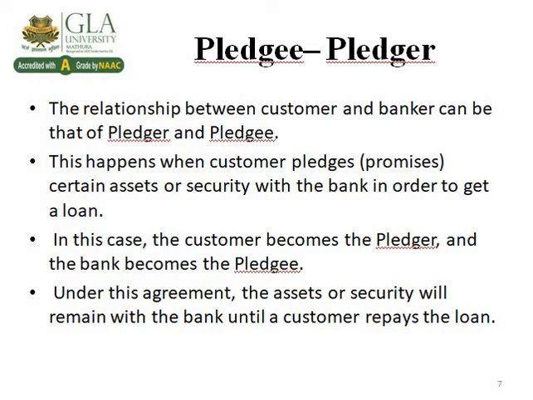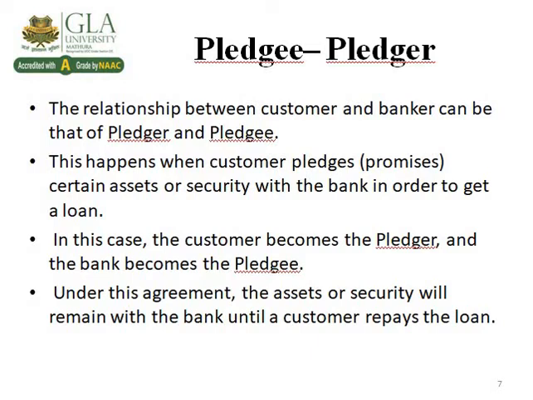Under this agreement, the asset or security will remain with the bank until the customer repays the loan. So this is point number one: because of a loan, when a customer is seeking a loan from the bank, the customer deposits security with the bank in the form of collateral security for the secured loan.